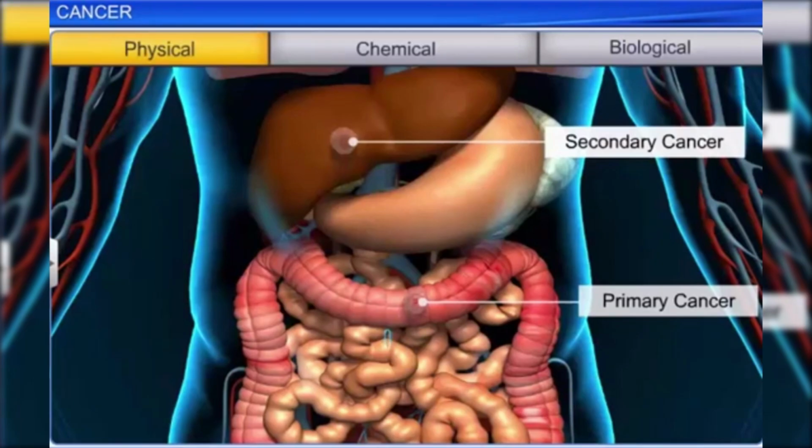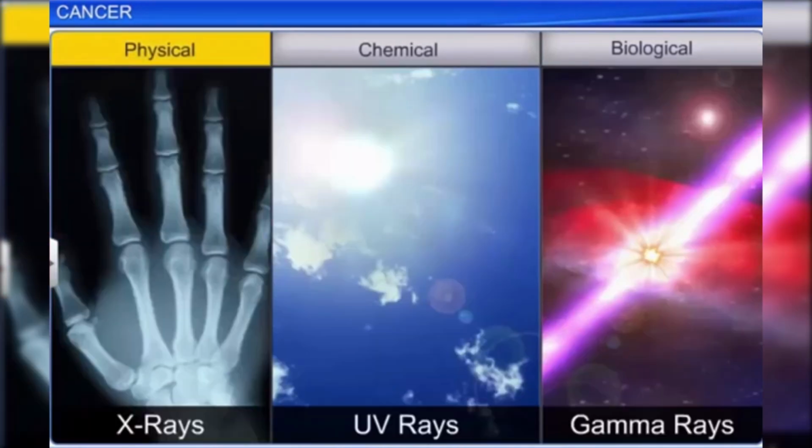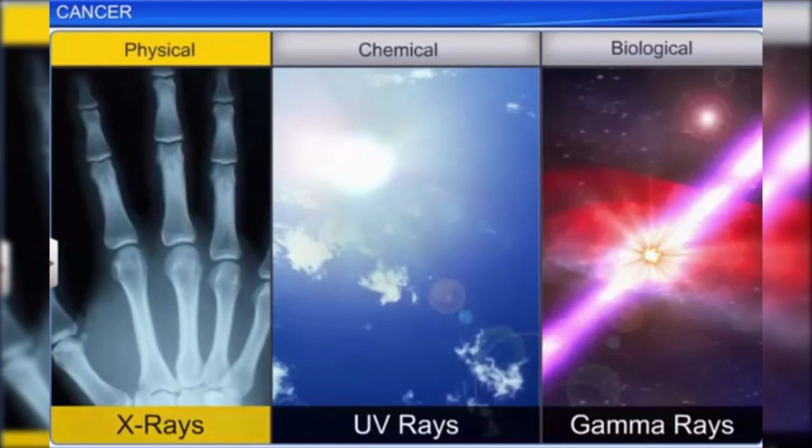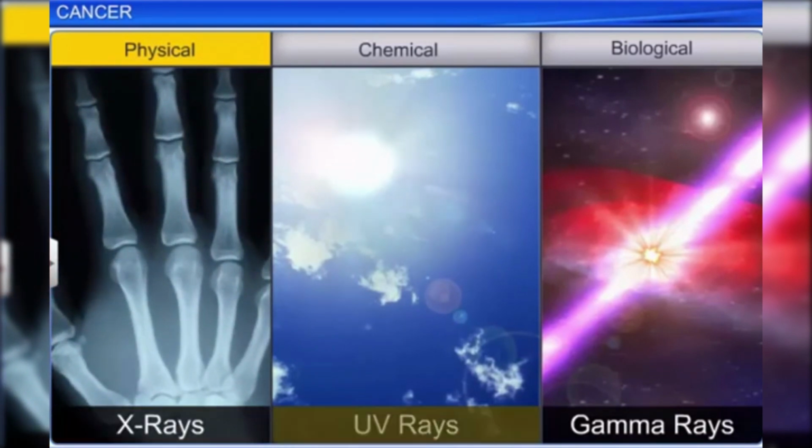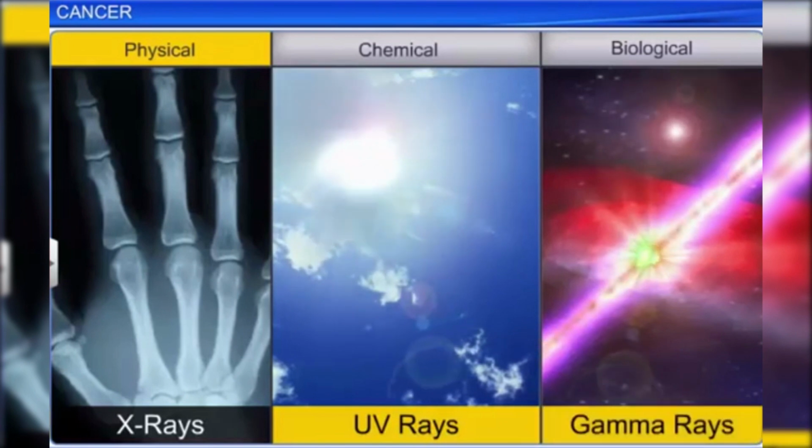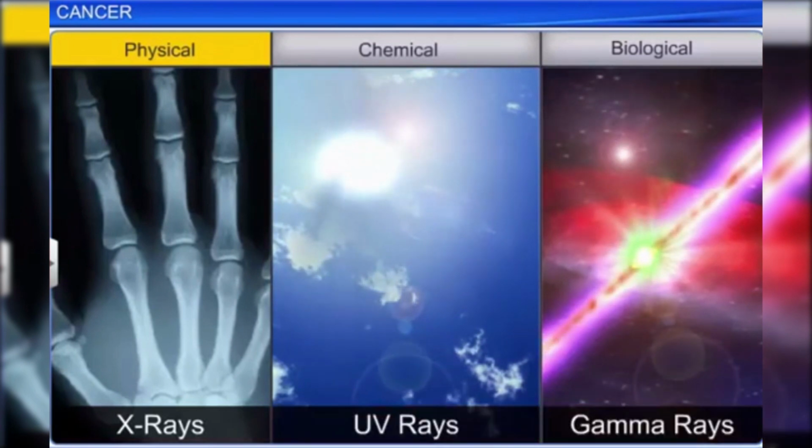The physical, chemical, and biological agents responsible for transforming normal cells into cancerous neoplastic cells are known as carcinogens. Different types of ionizing radiations, such as X-rays, and non-ionizing radiations, such as UV rays and gamma rays, damage DNA, causing neoplastic transformation.